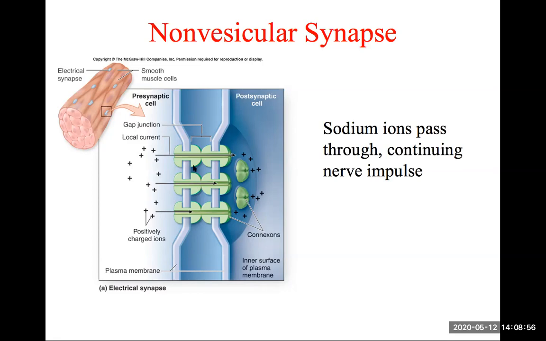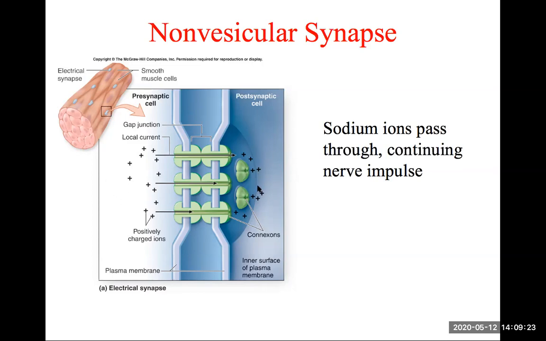So one of the ways I said that two neighboring cells can interact with one another is these molecules here. These are proteins. Each one of these is a protein. So there is a green protein here. Here's another one here. And these are called connexons. And so when the connexons bind together, they make a passageway or a channel that goes from one cell to the next.